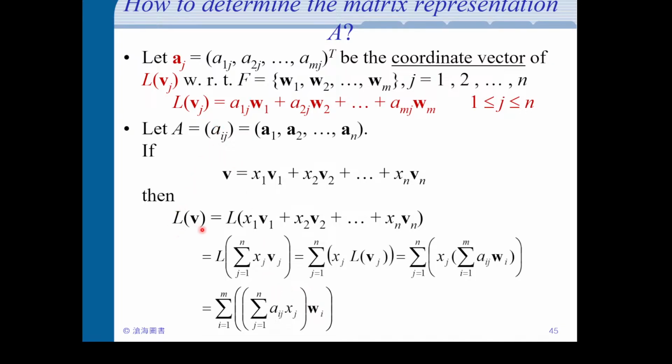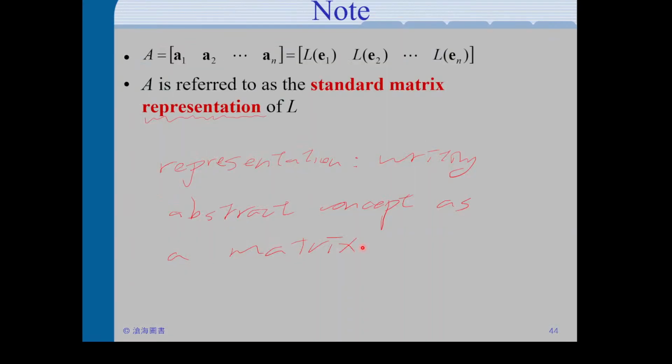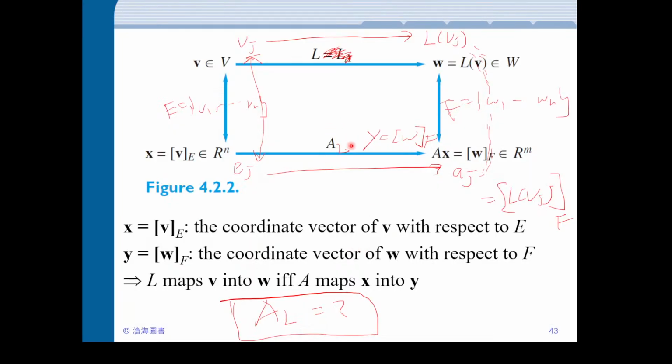Now we go the other way around. We already defined this A of L, and we want to see that our L of V actually works with this A of L. So now we go the other way: we have some V here, then we map to X, do this A_L X, map back, and see that it is actually equal to L of V.